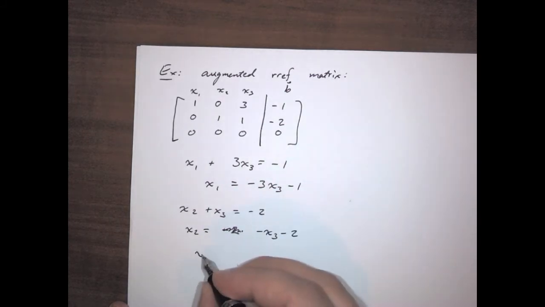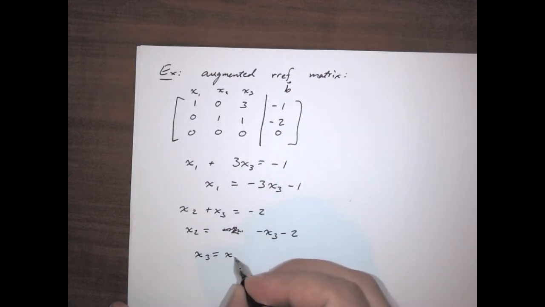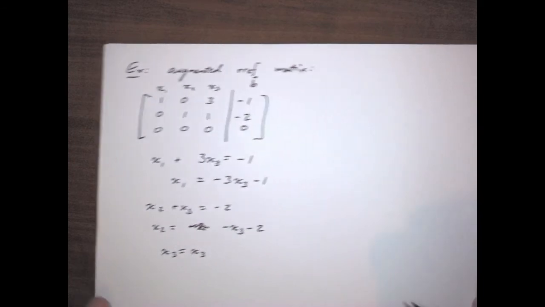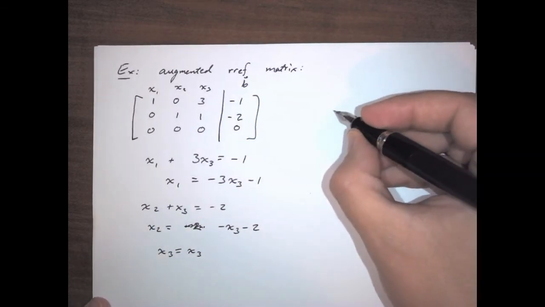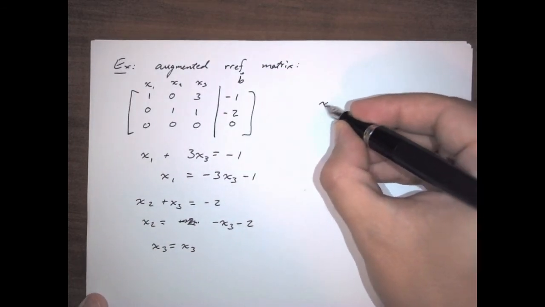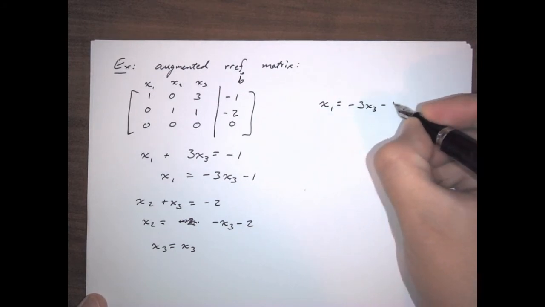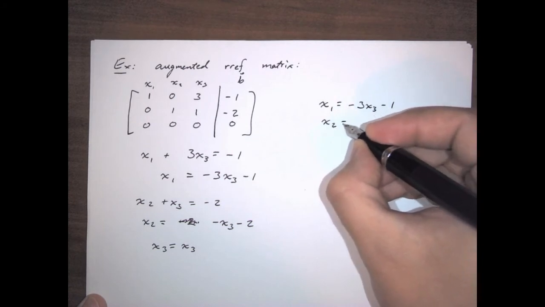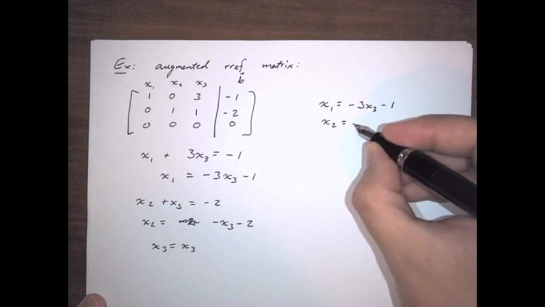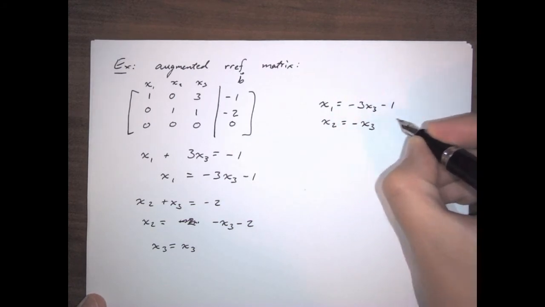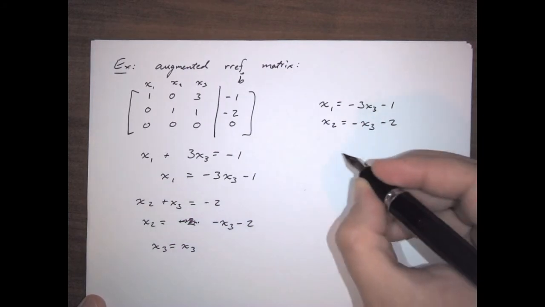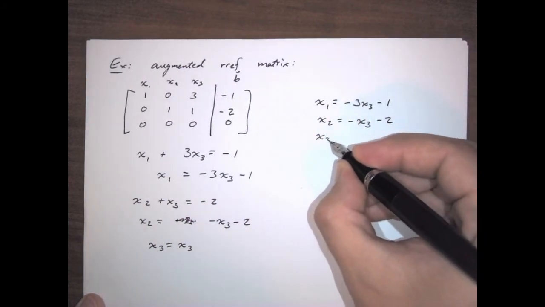And then as for x3, that just equals itself. That's what we'll do to all of our free variables. Okay, well then what's that mean? x1 is equal to negative 3x3 minus 1, x2 is equal to negative x3 minus 2, x3 equals itself.